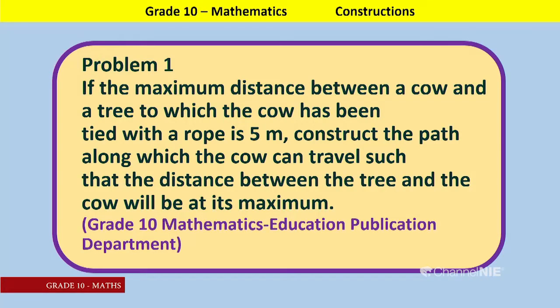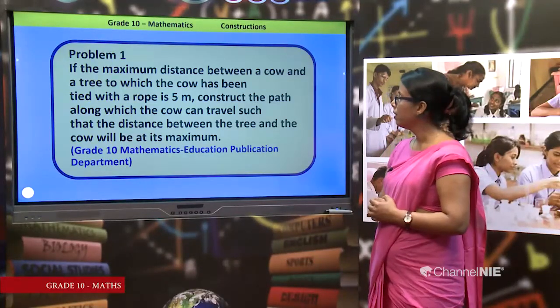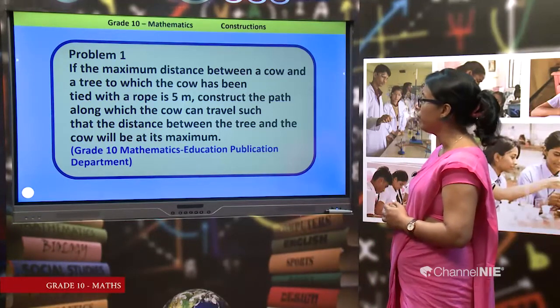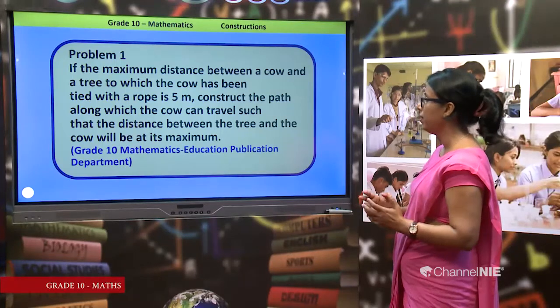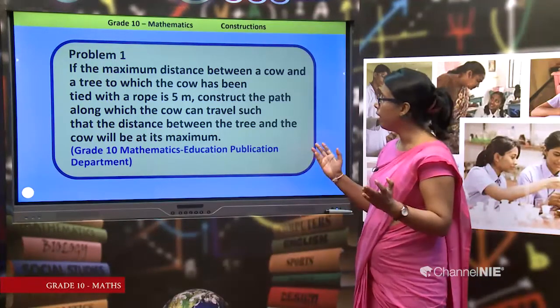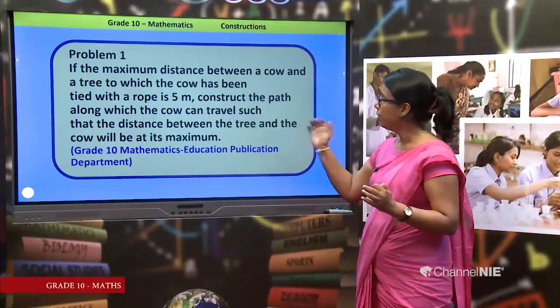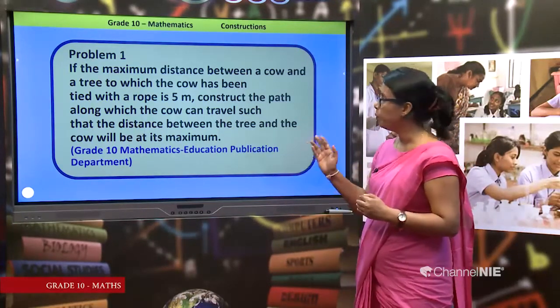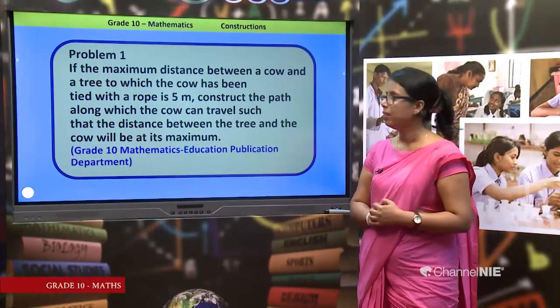A cow has been tied with a rope of 5 meters. That means the maximum distance the cow can move is 5 meters.